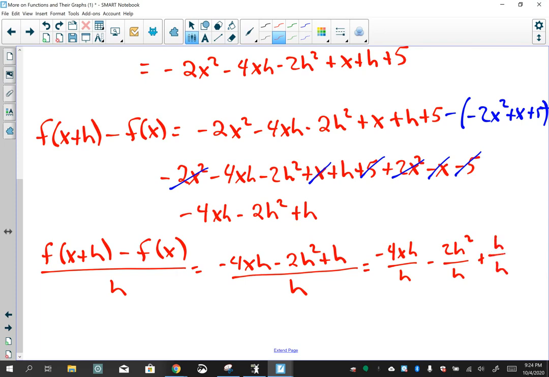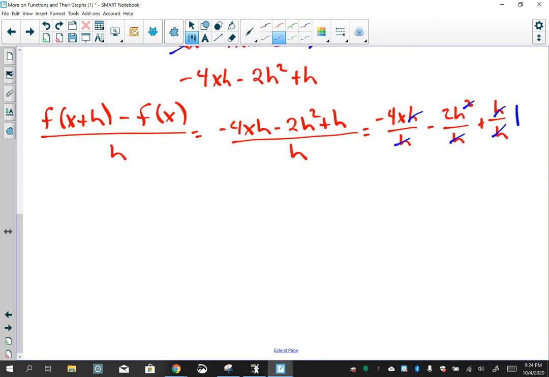Okay? So taking this really big fraction, and I'm going to divide it down into 3 smaller fractions, so each term gets an h. And then I'm going to clean up each term. So this h and that h cancel. This h and one of those cancel. And this just goes to a 1. So when I write my final answer, I have negative 4x minus 2h plus 1.